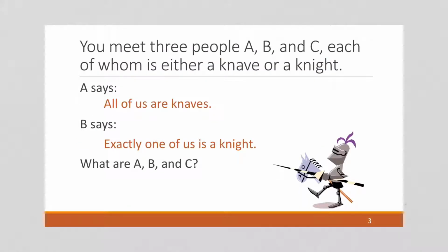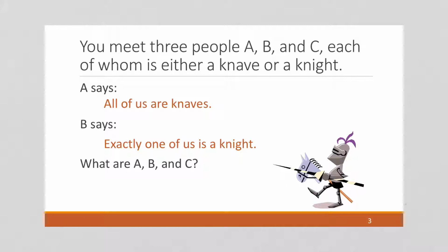You meet three people, A, B, and C, each of whom is either a knave or a knight. A says that all of us are knaves, and B says exactly one of us is a knight. We want to figure out what A, B, and C are.